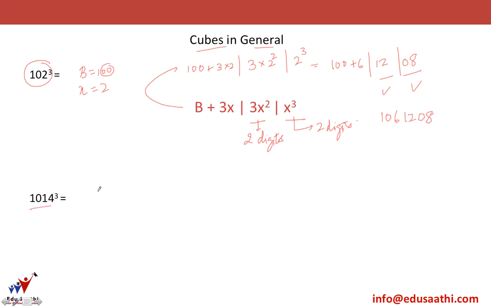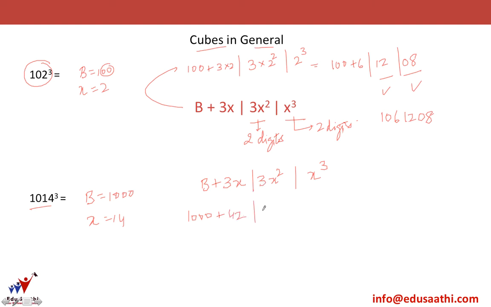1014 cube. So I have base is equal to 1000 and I have x is equal to 14. So again we'll write this formula: base plus 3x, 3x square and x cube. Base is 1000, so 1000 plus 3x, 3 into 14 is 42.